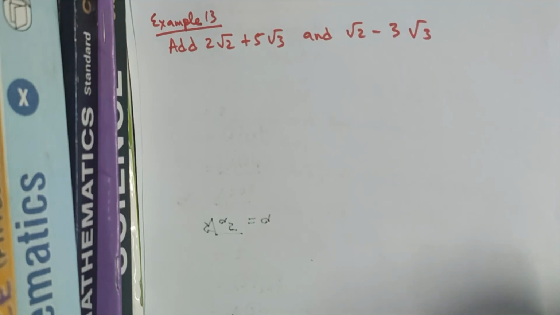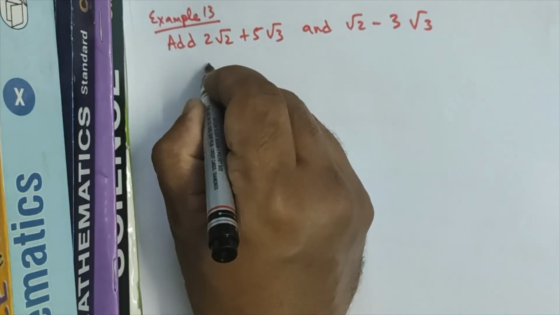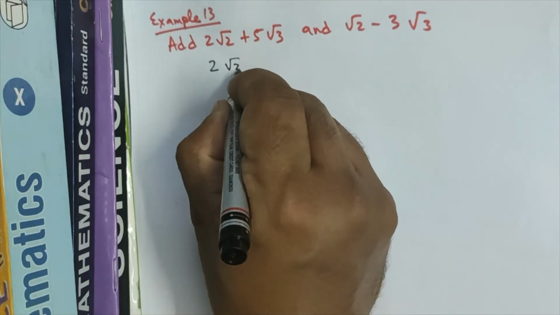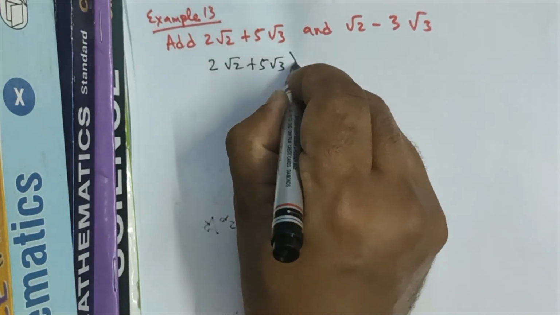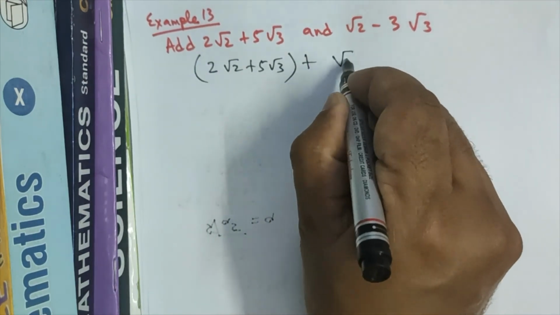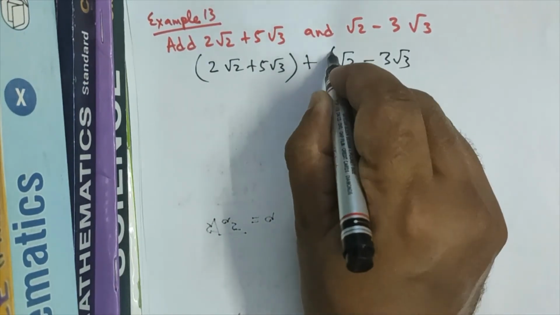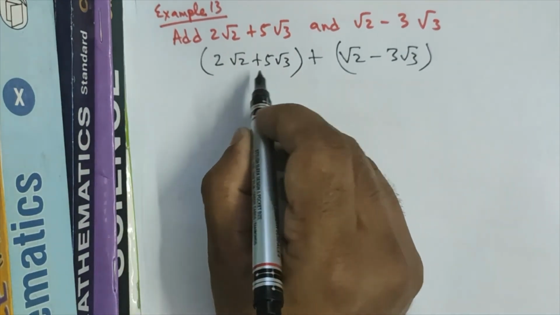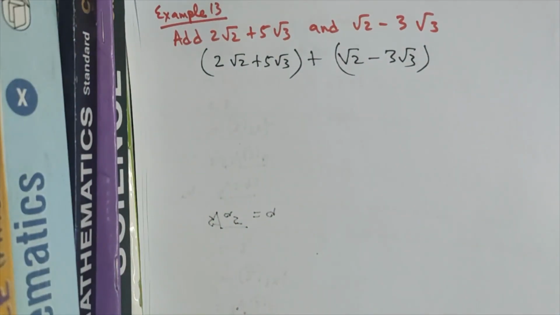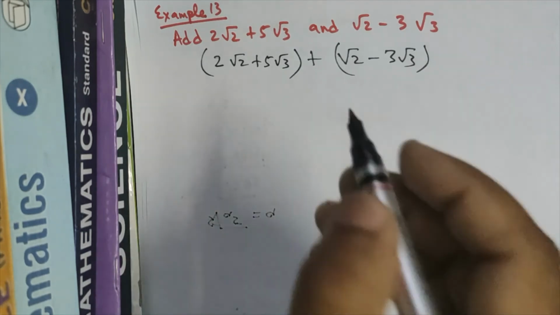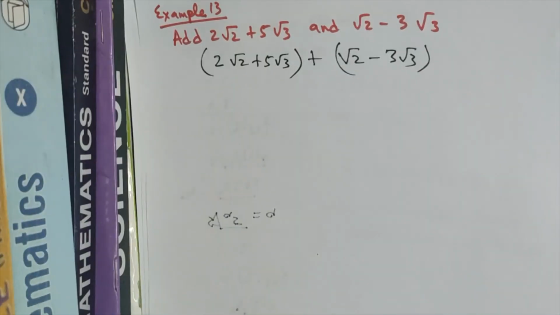Okay, another example. Add 2 root 2 plus 5 root 3 with root 2 minus 3 root 3. So here we'll write 2 root 2 plus 5 root 3 added to root 2 minus 3 root 3. As root 2 terms can be added to root 2 only, we can shift the terms, or we can also say that we can do the rearrangement.